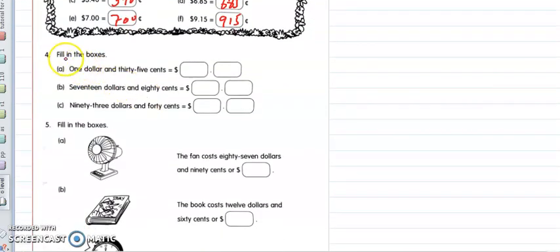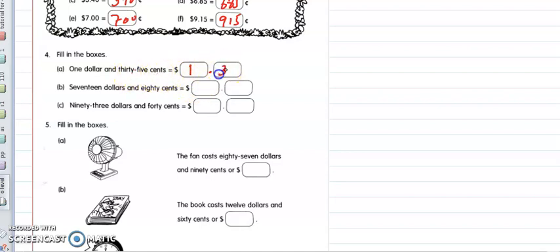Next, here we have fill in the blanks, $1.35. Now this one is written in the word, and when we have to write in the figures, remember after the dollar we put the decimal point, and for the cent, like this is $1, so I will write $1, then 0.35.